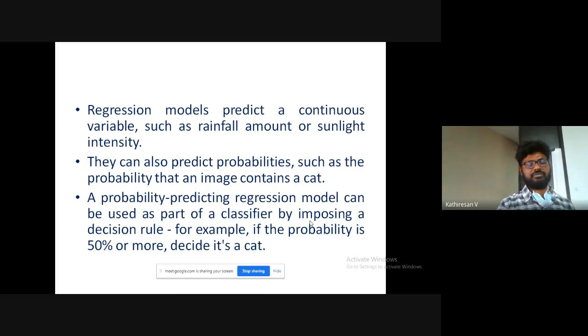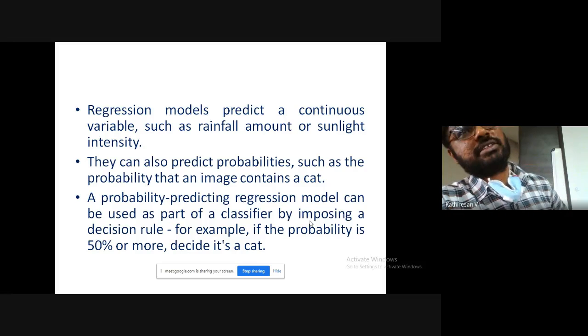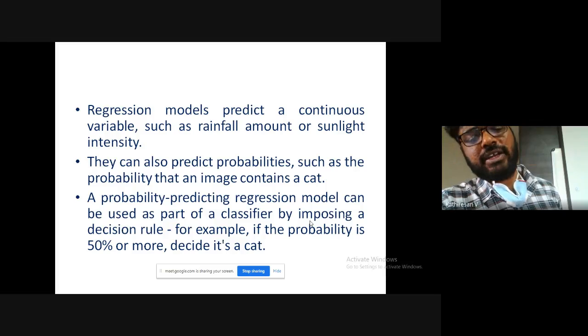For example, if the probability is 50% or more, decide it's a cat. Otherwise you put that in the dog category.